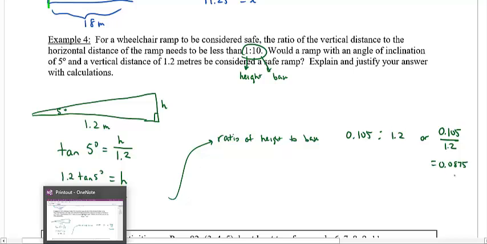And the question is, is this less than or equal to 1/10? Well, the ratio here is 1 over 10. I think this is definitely less than 1 over 10. So, yes, it is safe.